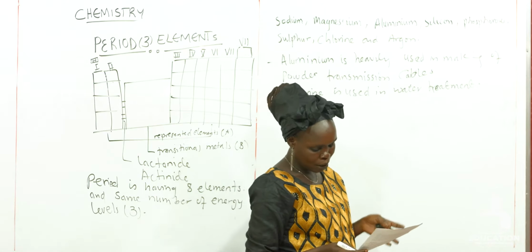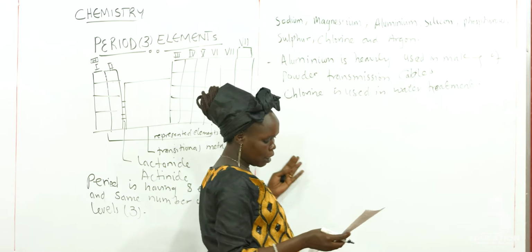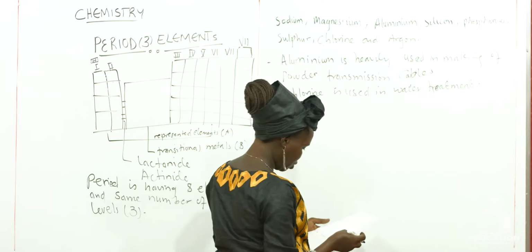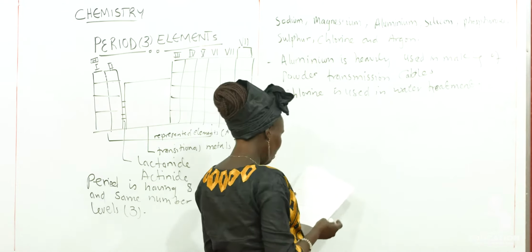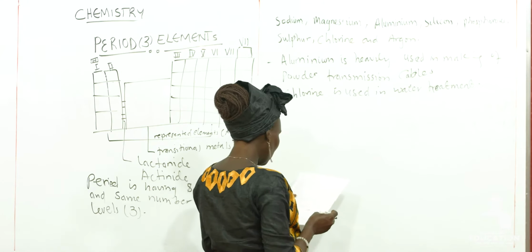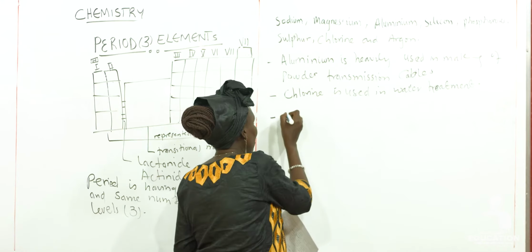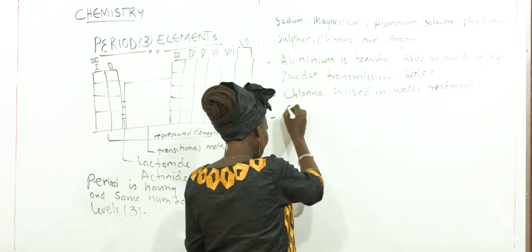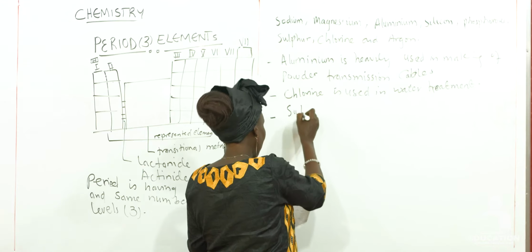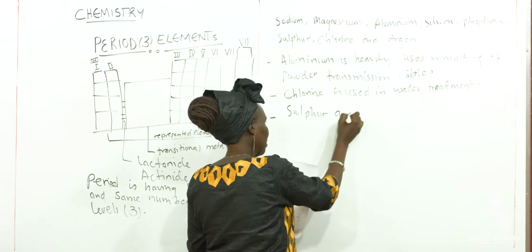Magnesium is a major constituent of chlorophyll, and sulfur and nitrogen have both wide industrial application as well as major nutritional values. So we say that these elements, like aluminium, we have sulfur and nitrogen.